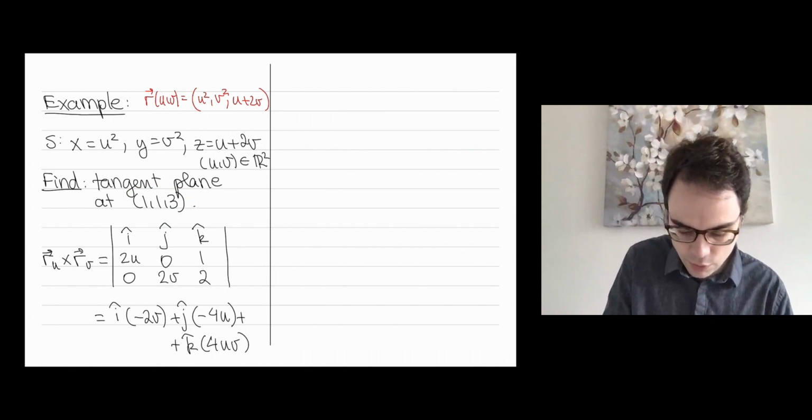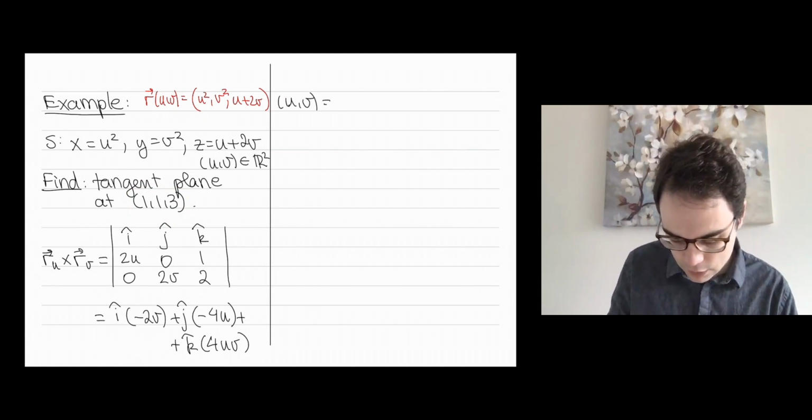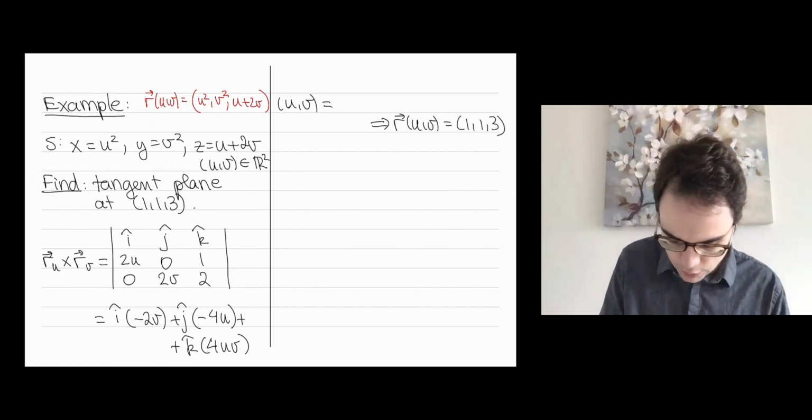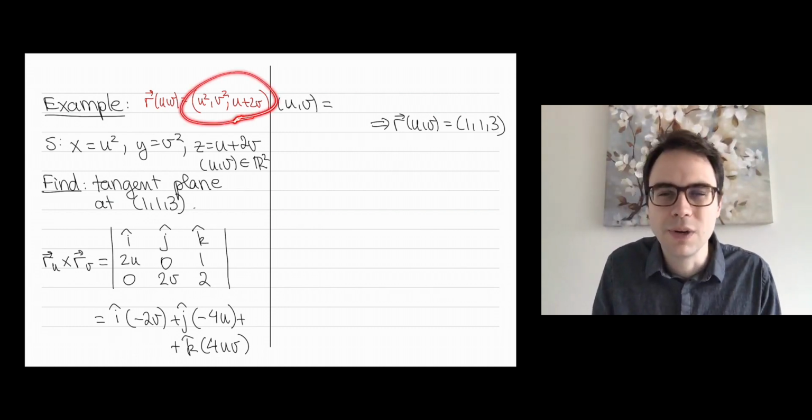So I need to figure out u and v so that r of u, v, the corresponding point on the surface, is 1, 1, 3. I want these three numbers to be 1, 1, and 3. Can I find u and v that do that?